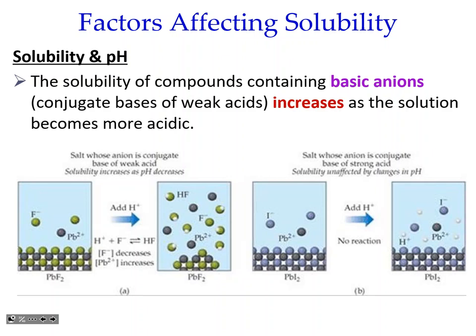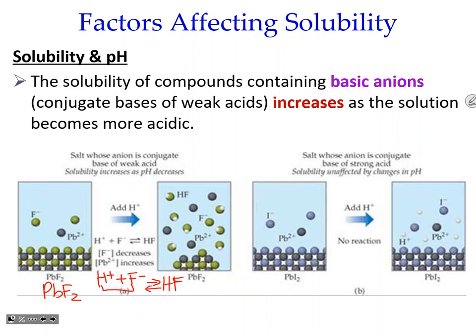Looking at this diagram, this is lead(II) fluoride. So if you increase acidity and you have H+ floating around, what's going to happen is the fluoride is going to actually bind with the H+ and form hydrofluoric acid for the most part.